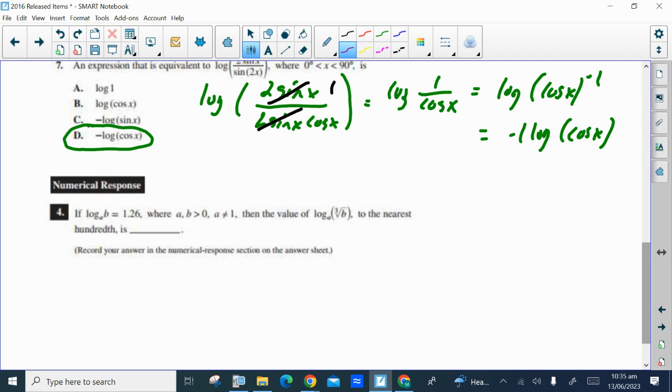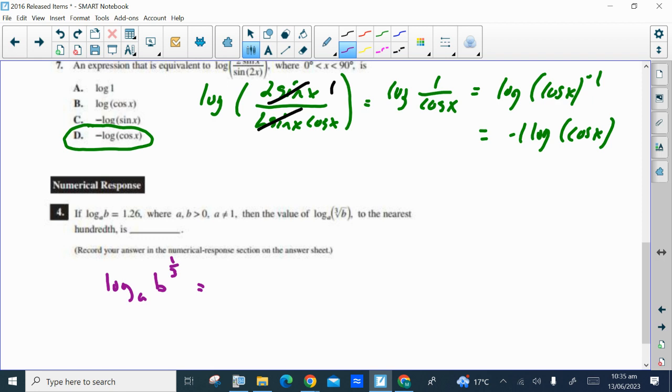Number 4, log base a of b is 1.26, where a and b are greater than 0, and a can't equal 1. What is the value of log base a of the cube root of b? Well, log base a of the cube root of b will be log base a of b to the 1/3.